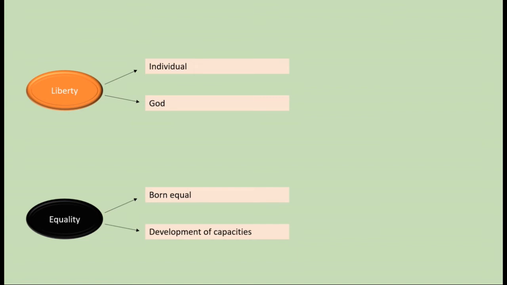Liberty means absence of restraints on individual activities. It is not a license to do what one likes. Liberty can be enjoyed within limitations. Liberty stands for providing opportunities to individuals to develop their personality.